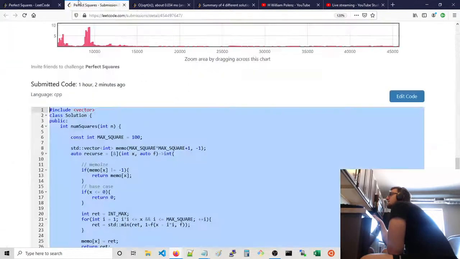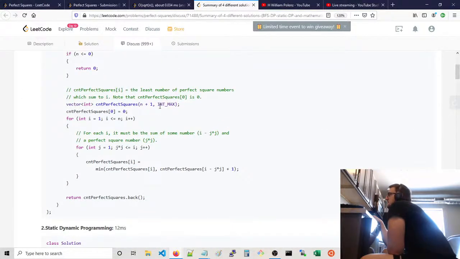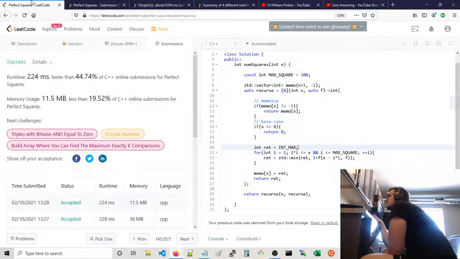I think I did the same thing, the ret max. Int max, everything starts off at int max. Oh, I didn't think to do that either. Yeah, you can set this initially at int max, and then find the minimums. You don't actually need to recurse like this.